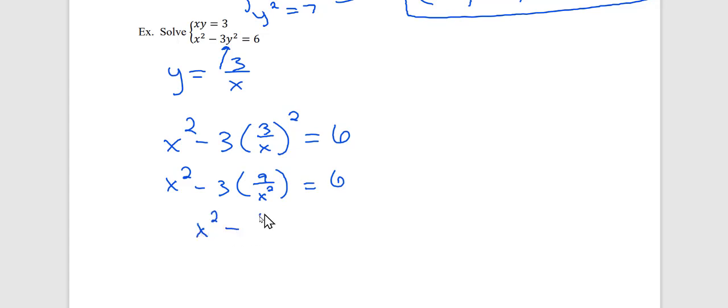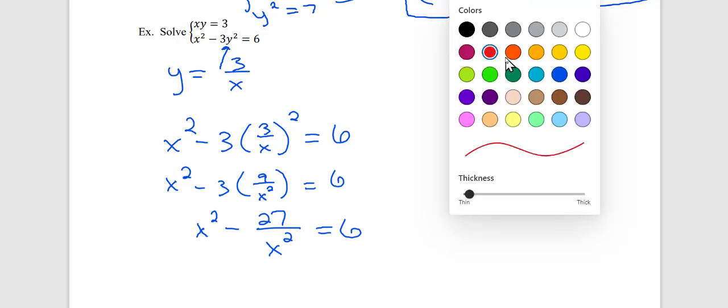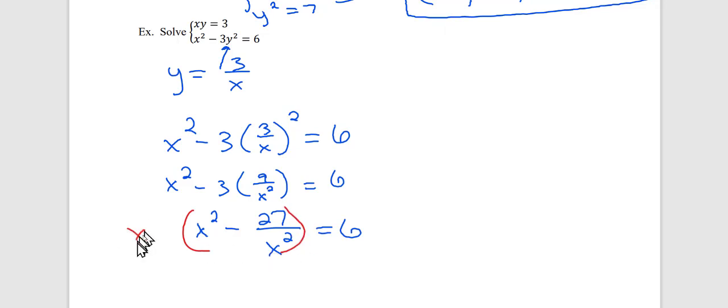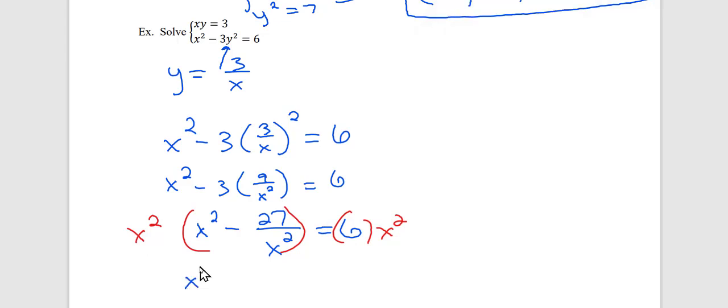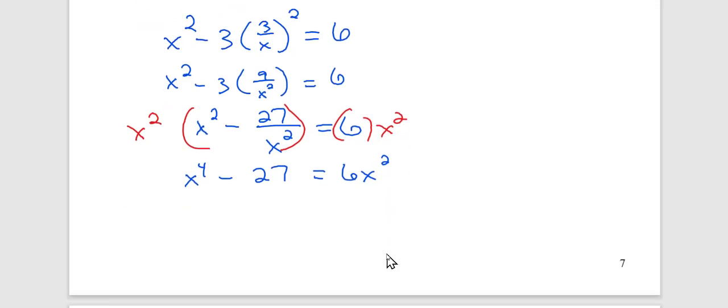That gives x squared minus 27 over x squared equals 6. I don't like that x in the denominator, so I'm going to multiply both sides of this equation by x squared, which gets me to x to the 4th minus 27 equals 6x squared.